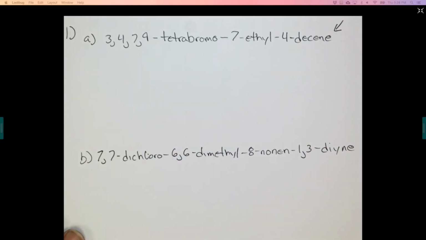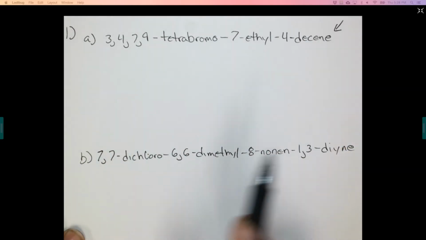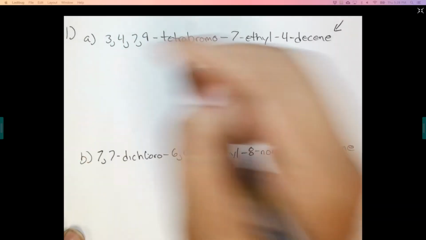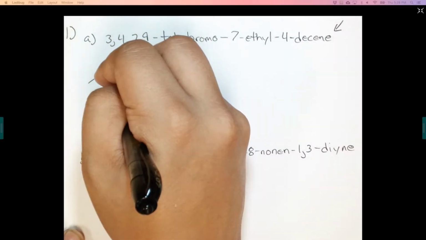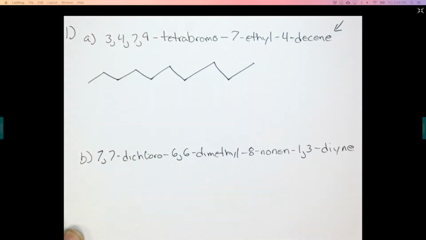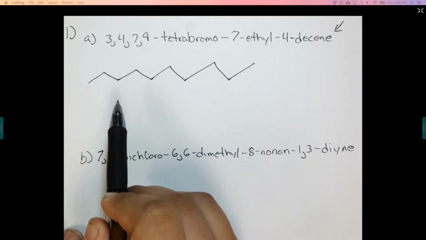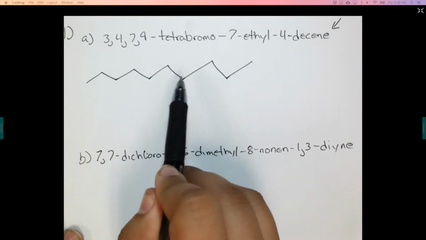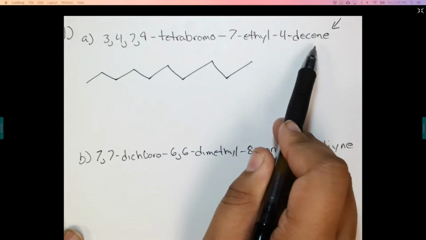Noticing that we only have a double bond, we don't have to worry about hybridization and the bonds being straight, so we can just get 10 carbons on here. Some of these are a little longer than others, and that's okay, as long as we have the 10 we need. We know that at 4 there is a double bond.